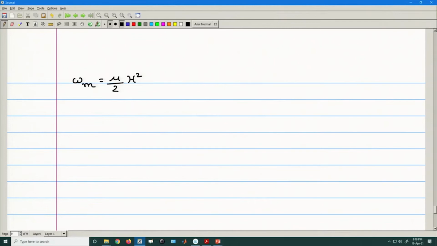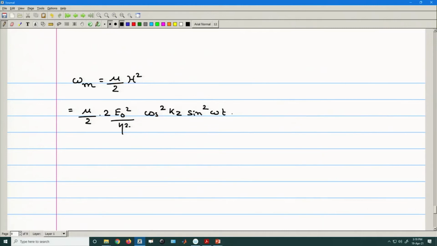Again substituting for the value of H from equation number 4, we get mu by 2 multiplied by H square, that is 2 E naught square by eta square cos square kz sin square omega t.